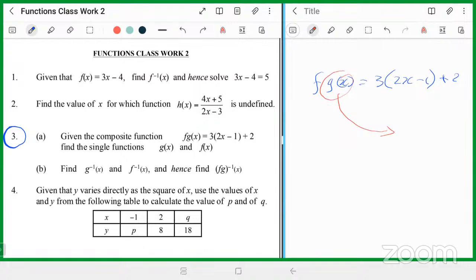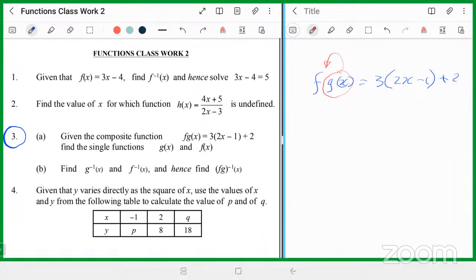But the question is, how do we identify which part of this expression is the inner function that is moved? We identify it as the expression within. Remember, when you form a composite function, you put g of x inside the f wherever x is. That's how we do it in reverse.